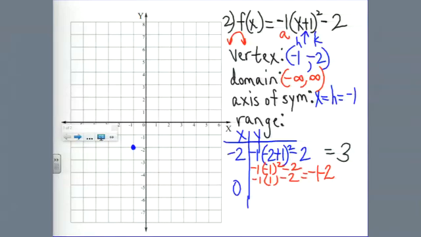Now let's plug in 0 for X. So we have -1 times, in parentheses, 0 plus 1 squared minus 2. And working inside the parentheses, that gives us 1 squared.